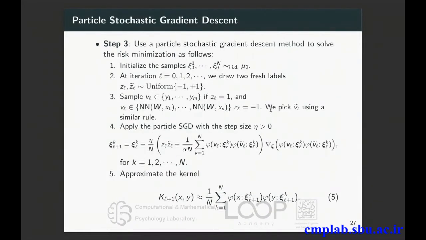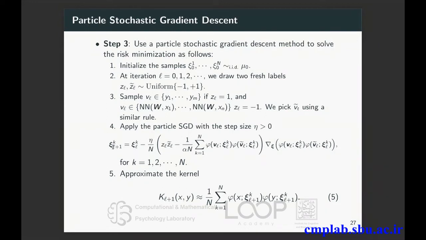After that, we apply stochastic gradient descent to these samples from the distribution. Initially, I have a bunch of samples from an initial distribution. Then I sample from the data, which are my training data, and apply stochastic gradient descent to these samples to update them.